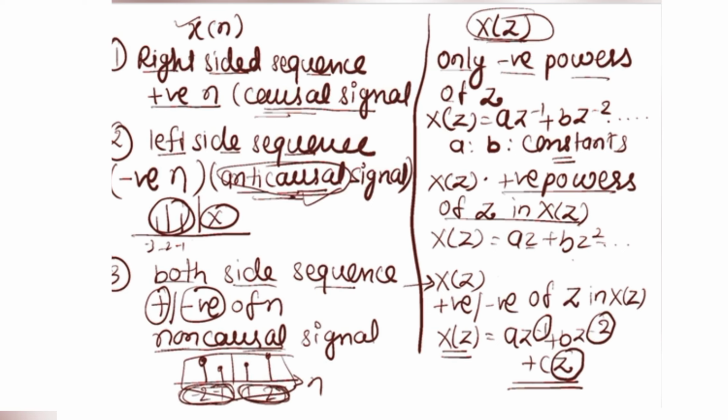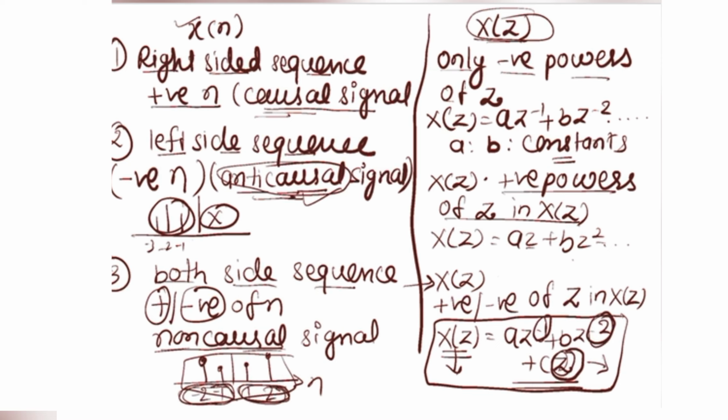It means the signal whose Z transform is given here is a non-causal signal or both-sided sequence. That is why we are getting positive as well as negative powers of z.